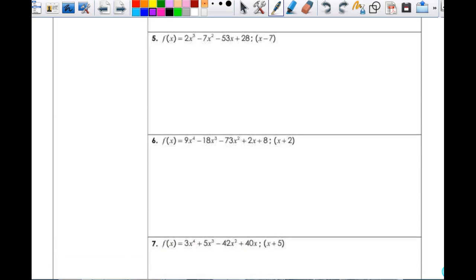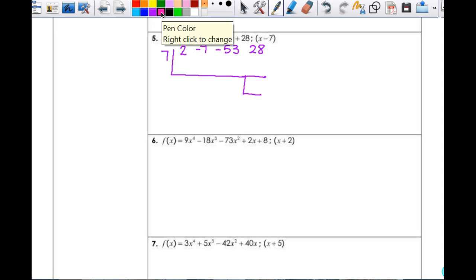So let's look at number 5. This is the given factor. So I know on the outside is going to go 7. On the inside, I'm going to have 2, negative 7, negative 53, and 28. So then I'm not testing it here, I'm doing it to get the result.